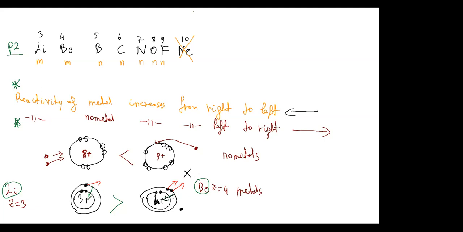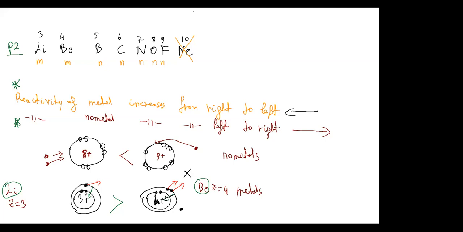And the nucleus for the lithium is weaker. Let's say you are at home and your parents don't allow you to go out. If your father is very strong, he doesn't allow you to go out. And if your father is weaker, softer, he just says, okay, you can go. So if the nucleus is stronger, the electron cannot go easily.